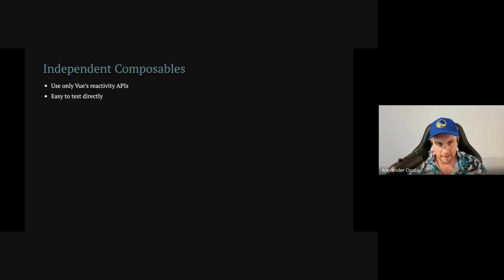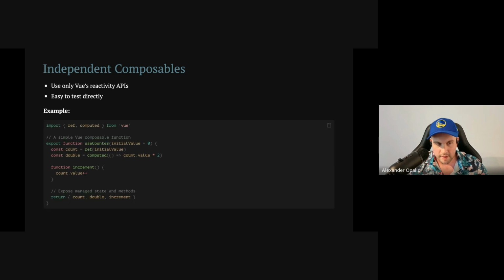Yeah, as I said, they use the reactivity part, and they are also easy to test. Because if you have a typical useCounter composable, because I think when you do a presentation, you either use to-do or counter to explain something. But yeah, we have here this useCounter composable, and it's importing ref and computed.